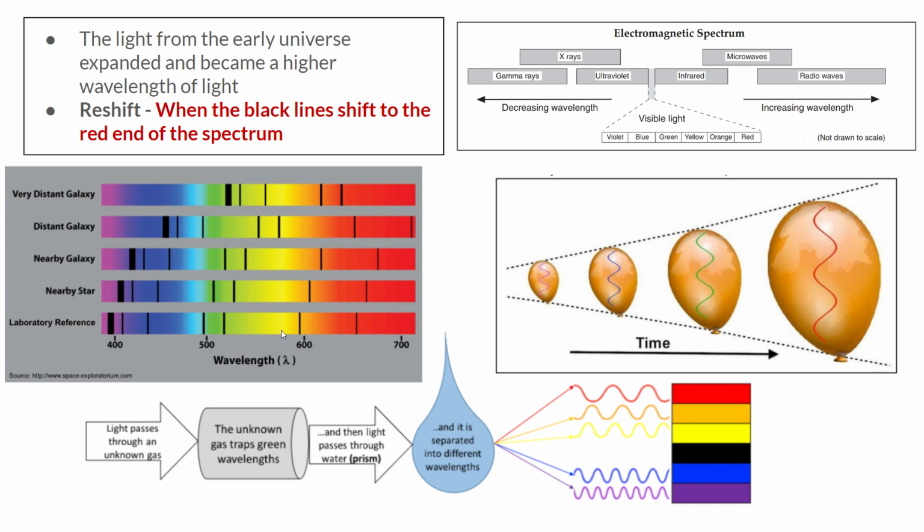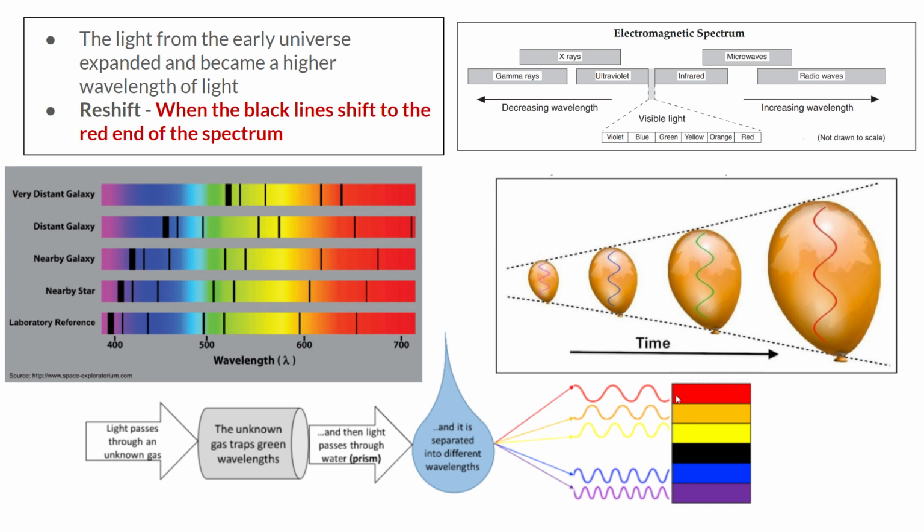But if that light from the universe took a very long time to come to Earth, then by then the wavelength of that light from that hydrogen must have already expanded. So that means that even though this is what we should be seeing for hydrogen, these black lines right here, by the time the light arrived on Earth, the wavelength must have increased.